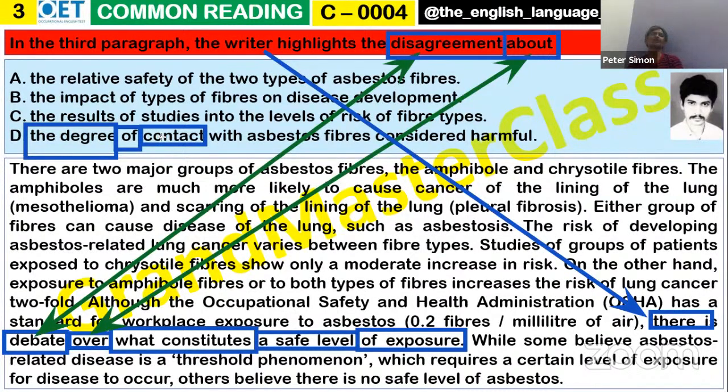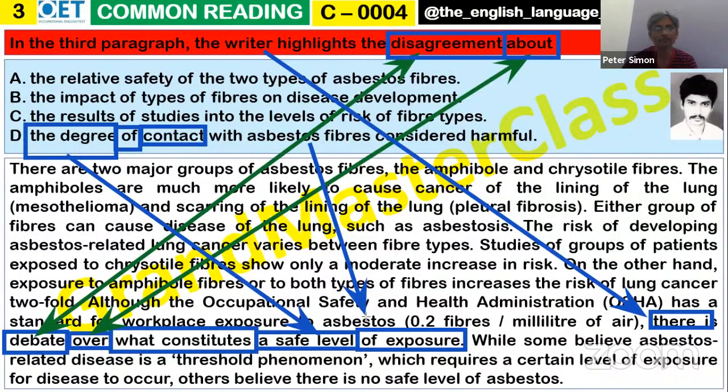This is the type of question which will give you the 42nd or 41st mark. So the degree is level. The degree of contact with asbestos fibers. Exposure to asbestos.